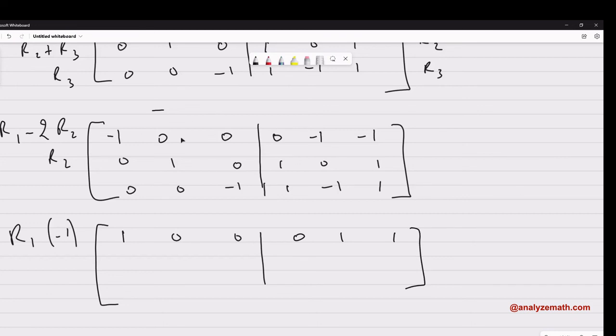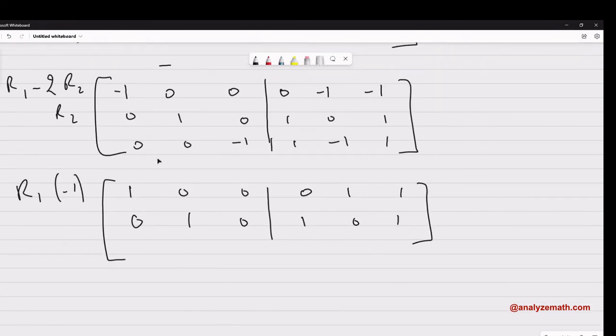We multiply each element by -1. Here no change, and row 3 we multiply again by -1, so that will be 0 0 1, and then -1 1 -1.